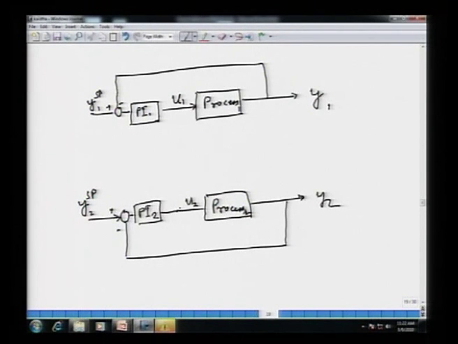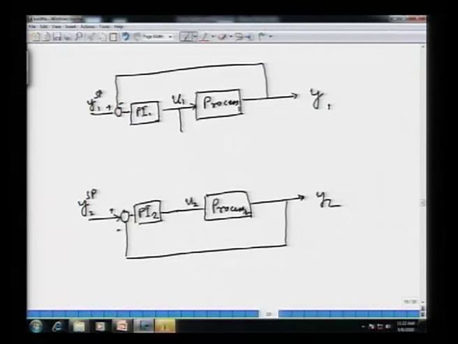Now, even if the controller is not there, if I move input 1, y1 will get affected, cause and effect relationship. However, y2 also gets affected. How do you account for that effect? Well, essentially what you are saying is, I will put something in there.